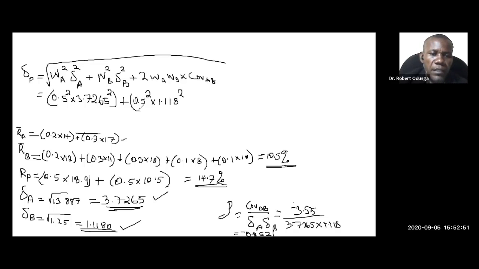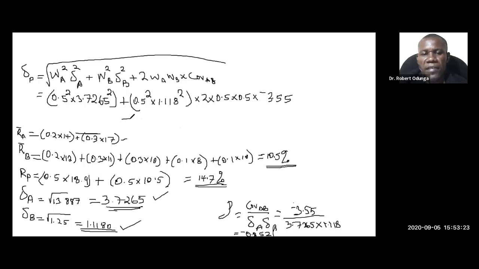Okay. So times 2 times 0.5 times 0.5 times our covariance for A and B. Covariance for A and B is negative 3.55.